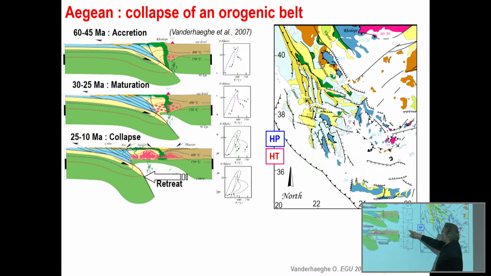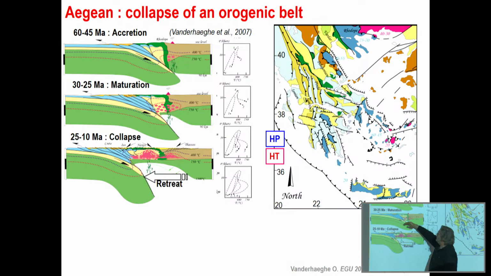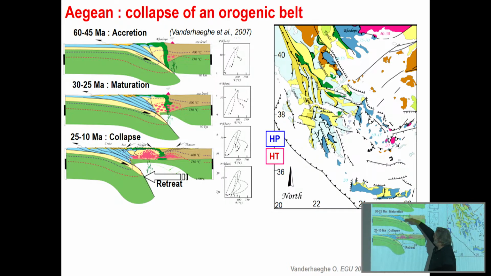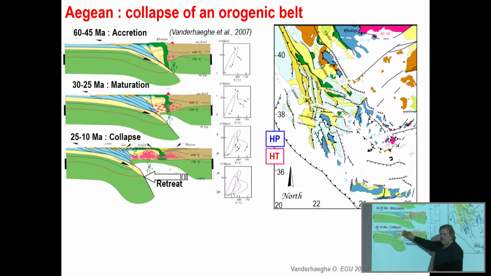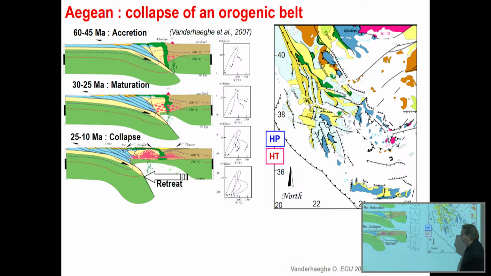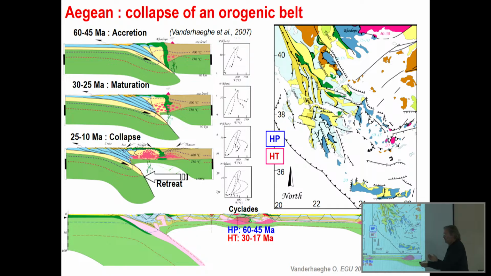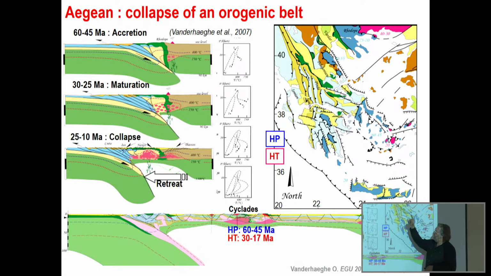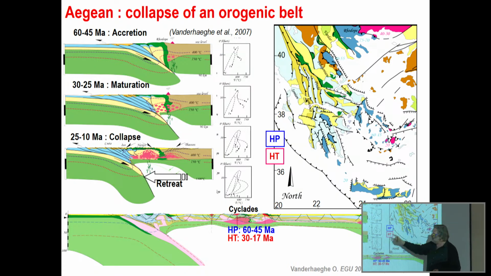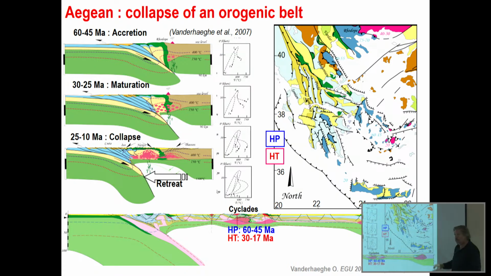And then in the last stage, this thickened crust that started to heat up was thinning and formed this metamorphic core complex, and that's the time of doming as well. Now what's nice about the Aegean domain is that this sequence of events, high pressure, high temperature, and decompression, occurred several times.